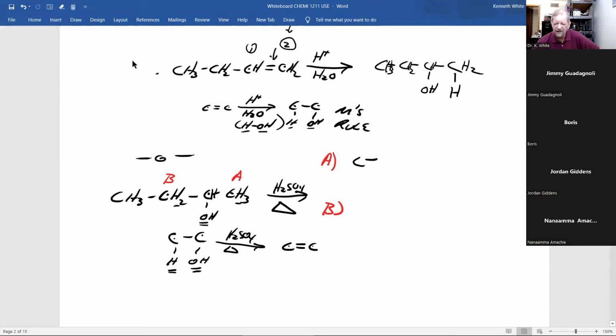You don't break carbon-carbon single bonds, and between A and this carbon, I'll form a double bond. And I know there are 4 bonds to carbon, so I can put in my hydrogens. Now, if we lose the hydroxyl group here and a hydrogen from B, I'll get this product.